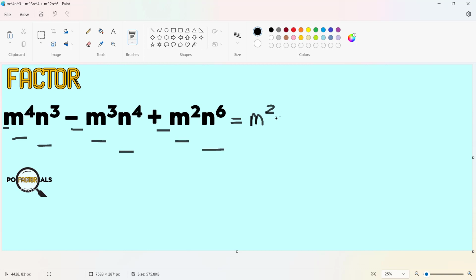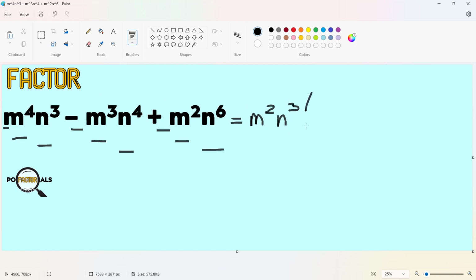So we are going to factor out n of the lowest value of the exponent, which is n cubed. Okay? N cubed, because that's the least of 3, 4, and 6. This is n cubed times n to the power of 1. This is n cubed times n cubed. So all of these are present in all of the terms.